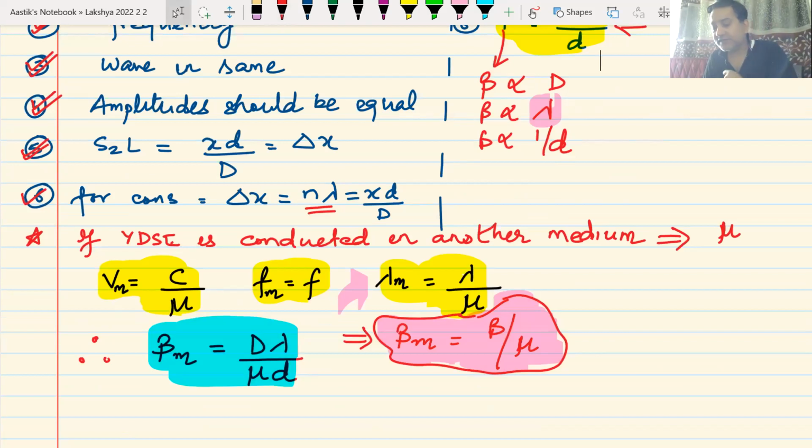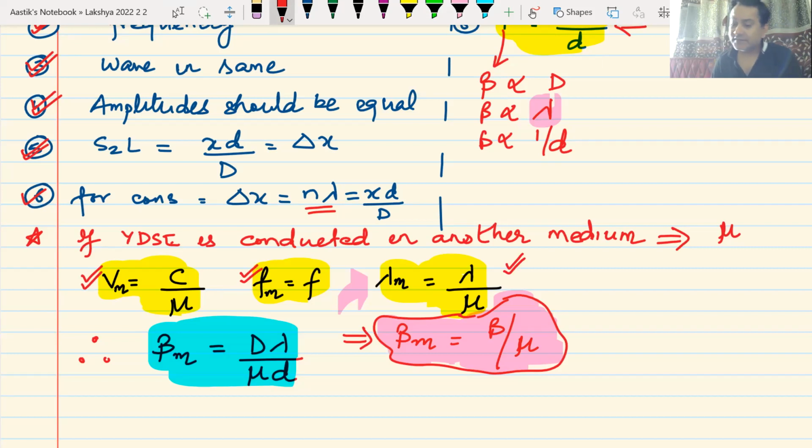If YDSE is conducted in another medium whose refractive index is mu, then speed of the wave changes, frequency of the wave remains same, and therefore the wavelength of the wave becomes lambda by mu.